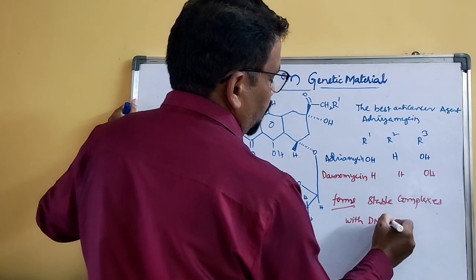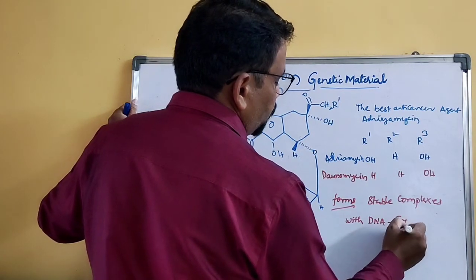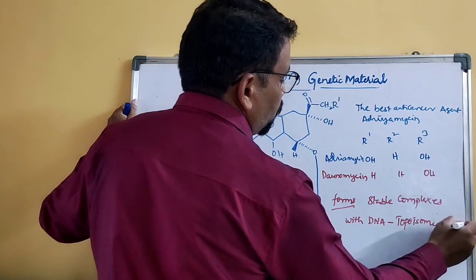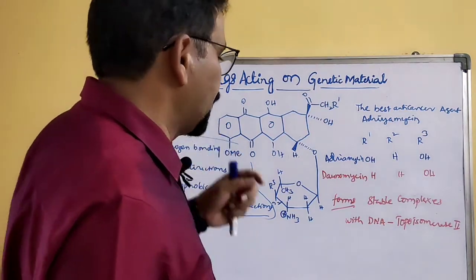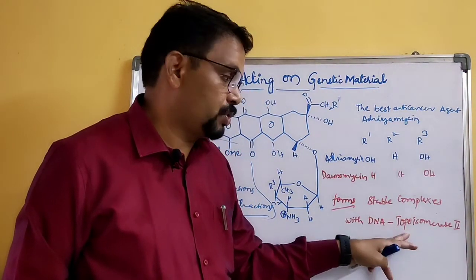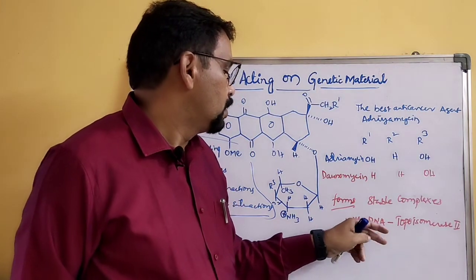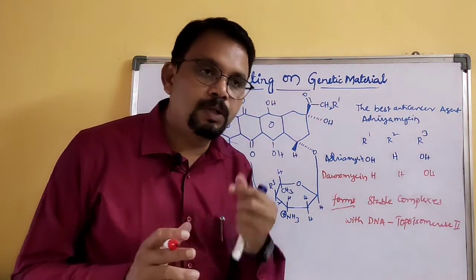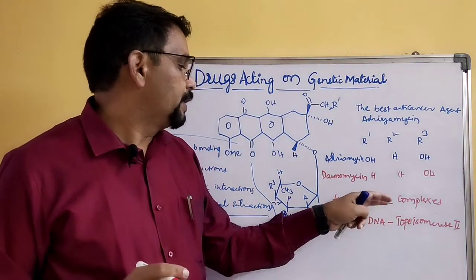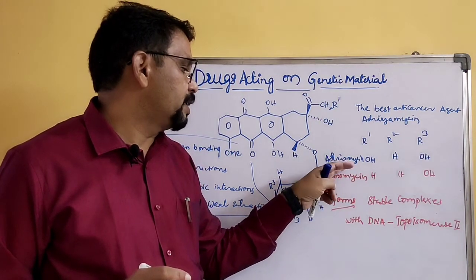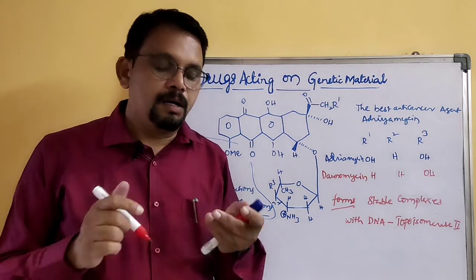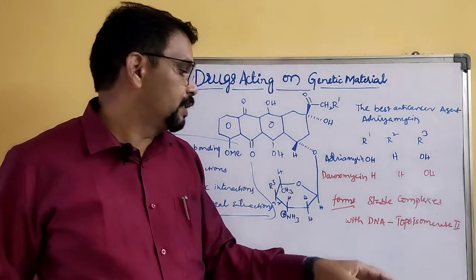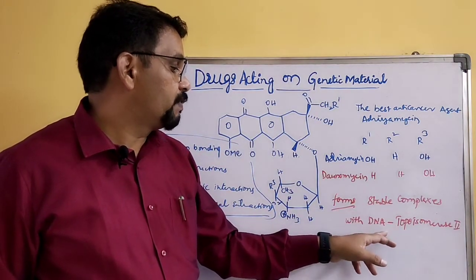And topoisomerase 2. Topoisomerase 2 is one of the enzymes which helps in the replication process. During replication, a DNA and topoisomerase 2 complex will be formed, and these anti-cancer drugs, Adriamycin or Daunomycin, insert in between the double helix of DNA and stabilize this complex for a long time.